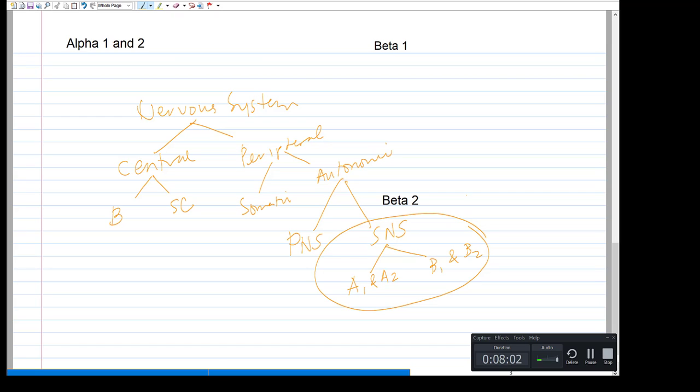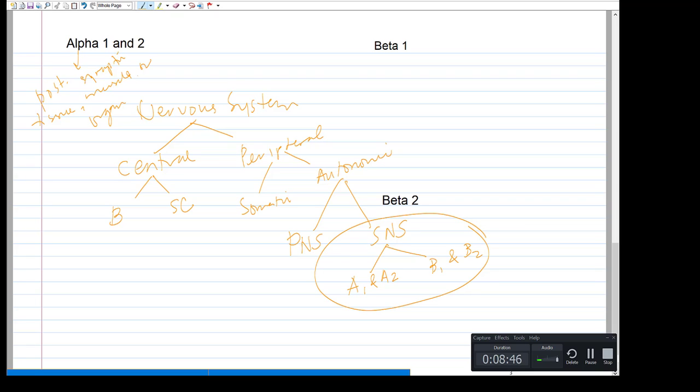Alpha 1 adrenergic receptors are located on postsynaptic effector cells like tissue, muscle, or organ, while alpha 2 is in the presynaptic nerve terminals.